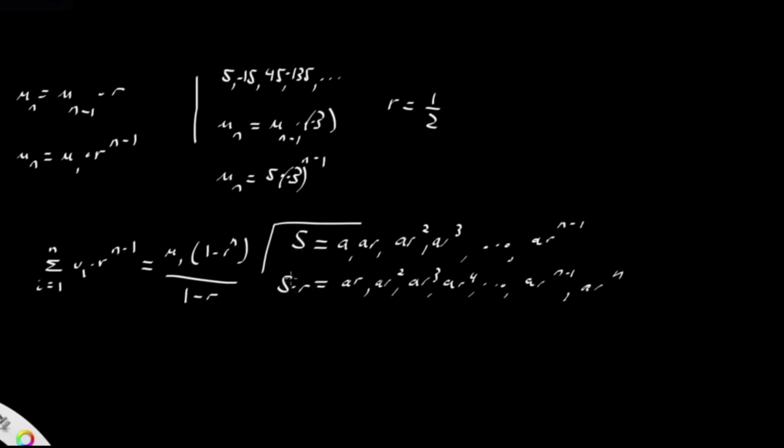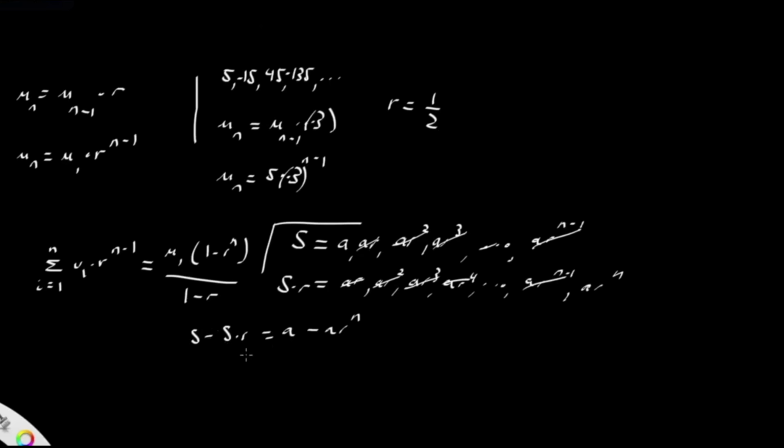Now we have these two sequences, and let's subtract S times r from S. So S minus S times r would be equal to, well, ar and ar cancel out, ar squared and ar squared cancel out, ar cubed cancels out, and so on, until ar to the n minus 1 cancels. We are left with a minus ar to the n.